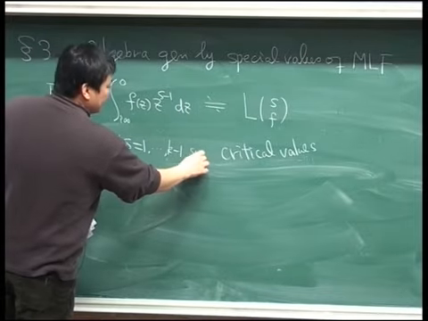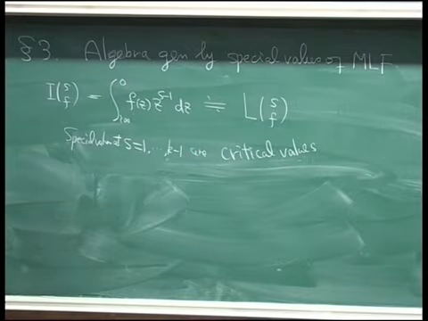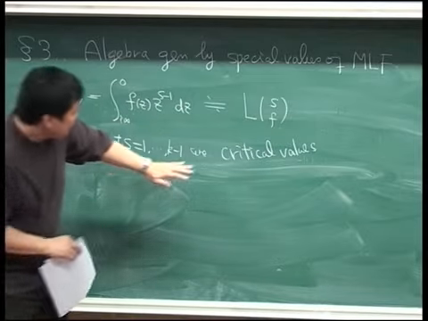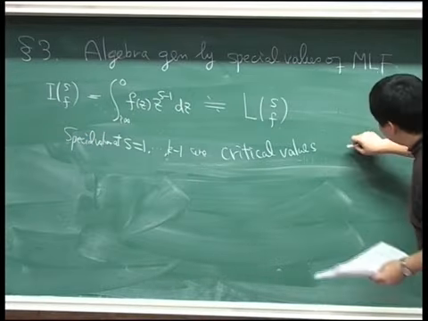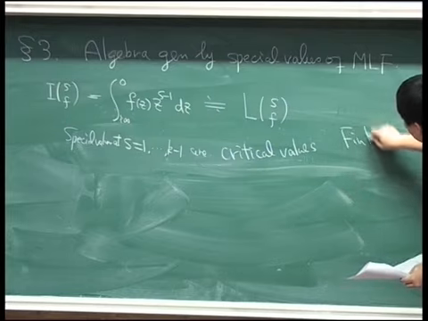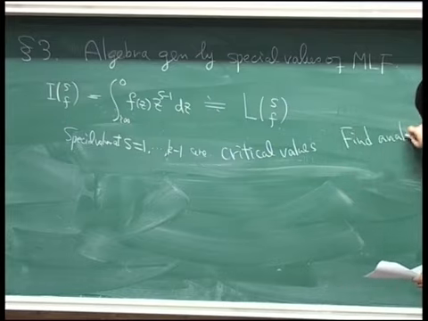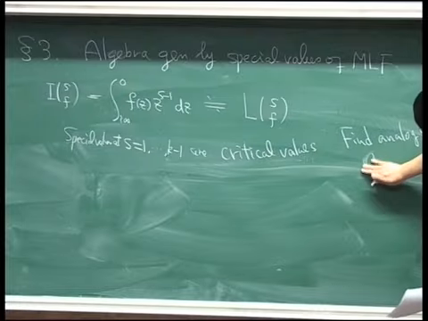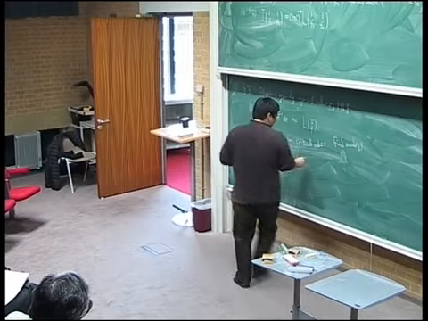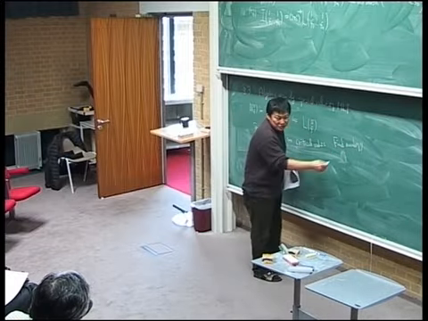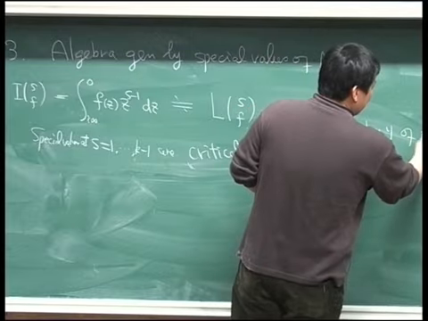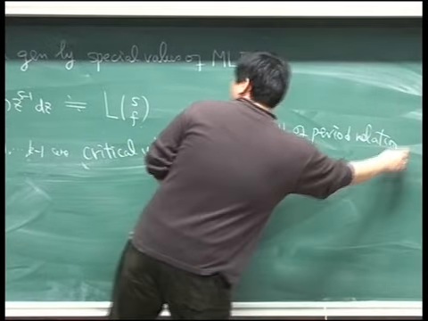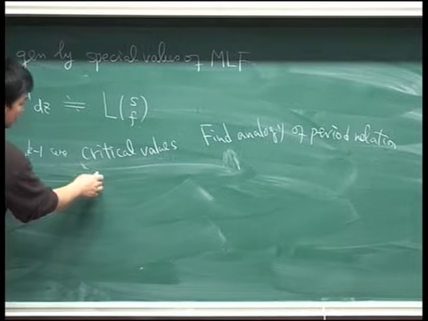So we try to find the analogy of this relation. Such a relation is called a period relation. So I want to find the analogy of the period relation, for critical values or periods.